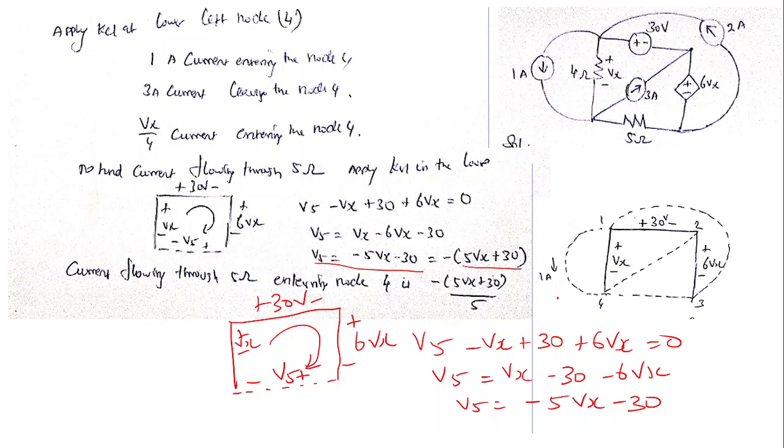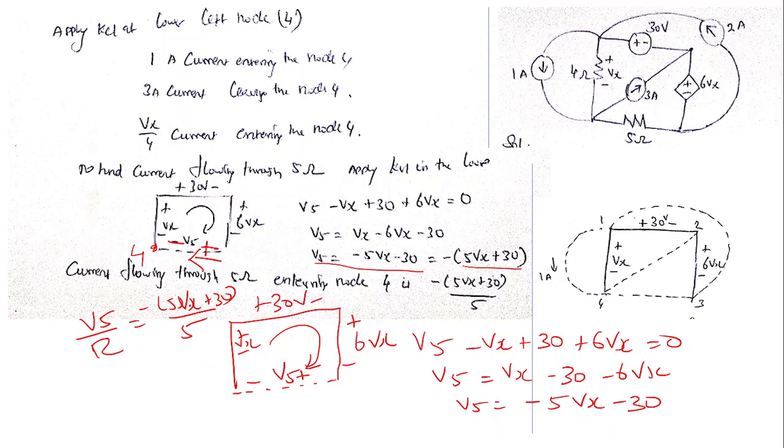Now current flowing through this. I can decide the direction of the current like this, because it has to enter positive and leave negative. If it is in this direction, the current will be entering the node 4. What is the current entering the node 4? Voltage by resistance, V5 by R. V5 is minus of 5Vx plus 30, and R is 5.